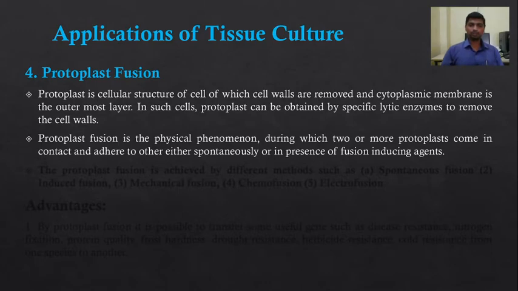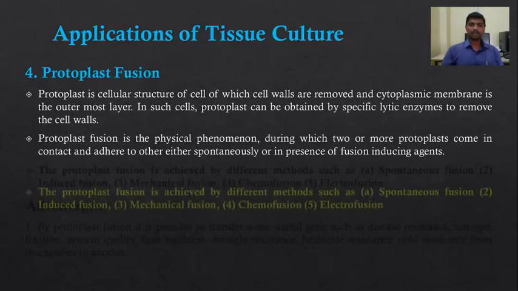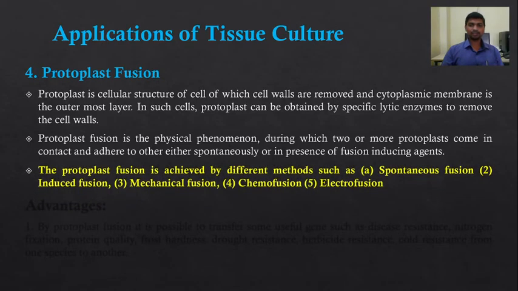The fusion of the protoplast can be achieved by using different methods, for example spontaneous fusion, induced fusion, mechanical fusion, chemofusion, electrofusion. Spontaneously, when two or more protoplasts come in contact with each other, they adhere to each other and fuse spontaneously.